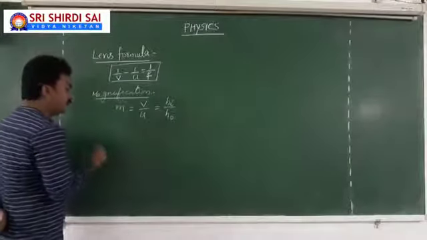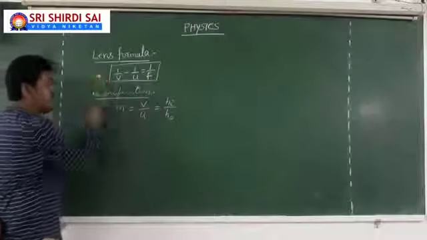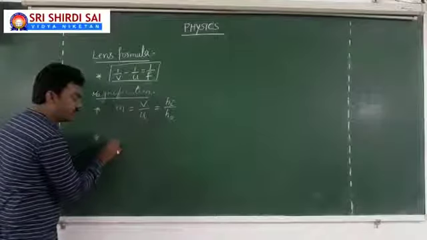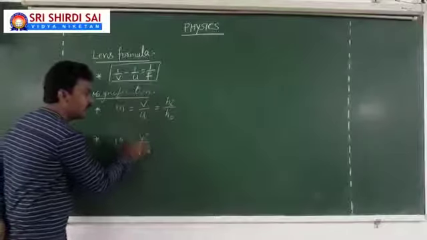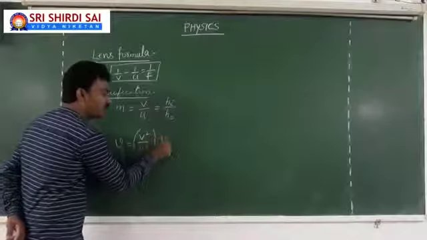After that, you have learned a mathematical equation connecting the speed of the image and the speed of the object. In the case of lenses, speed of image = v²/u² × speed of the object.